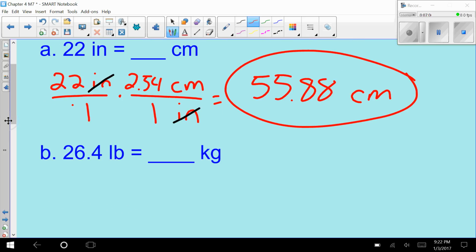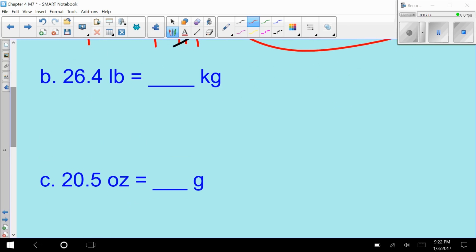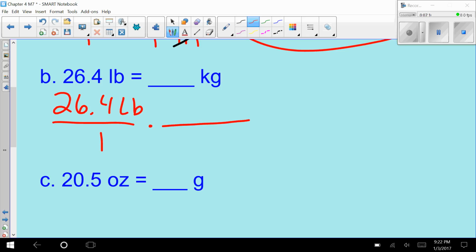26.4 pounds to kilograms. So we start off with 26.4 pounds over 1 times, make our next fraction, we want pounds in the bottom so that they will cross cancel, which means our kilograms have to go at the top.